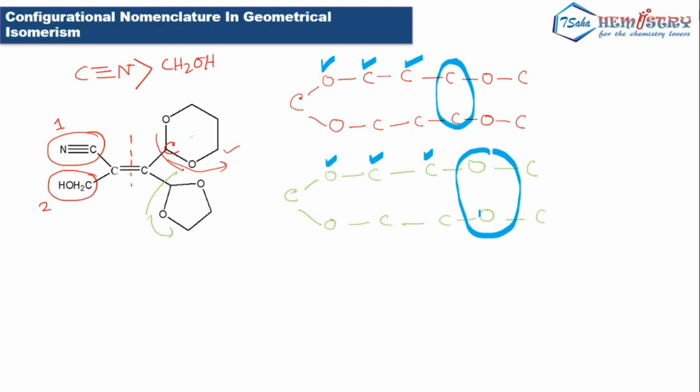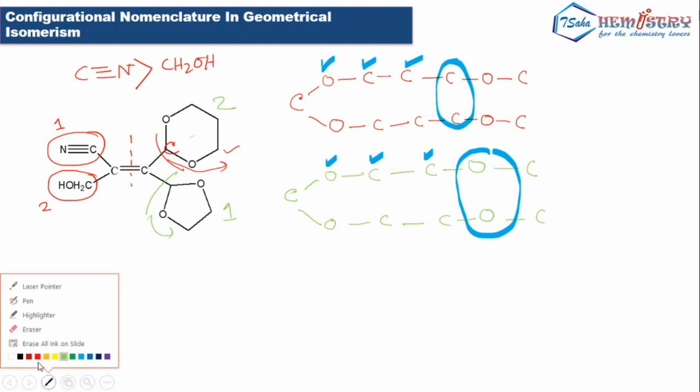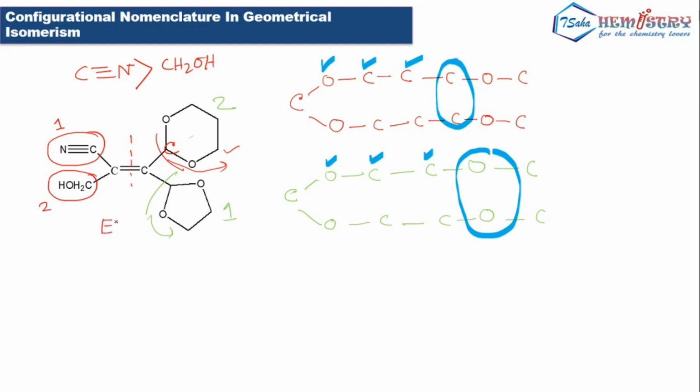Automatically oxygen has the higher atomic number, so obviously this particular group will get the higher priority. So it is 1, and the other should be 2. Because of this, we would say this configuration should be E, because the senior groups are present on opposite sides of the double bond.